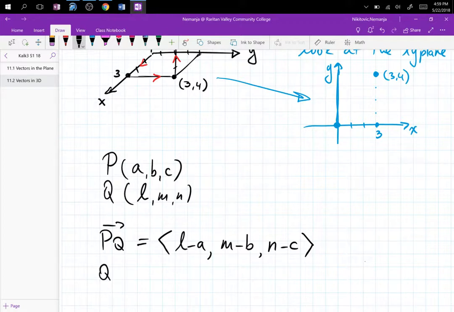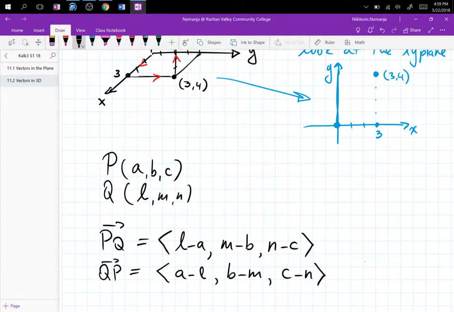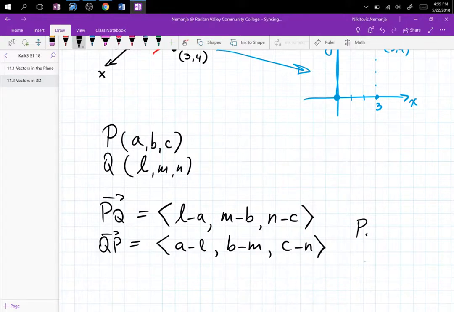The QP vector would be the negative of PQ, and it would be A minus L, B minus M, and C minus N, telling us that PQ is negative QP. They have the same magnitude. The direction is 180 degrees off.